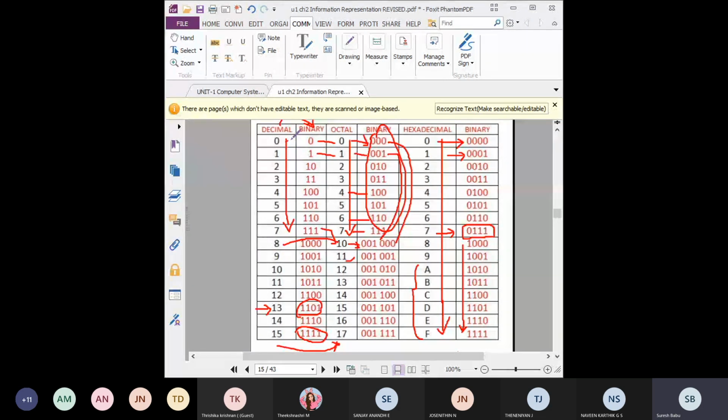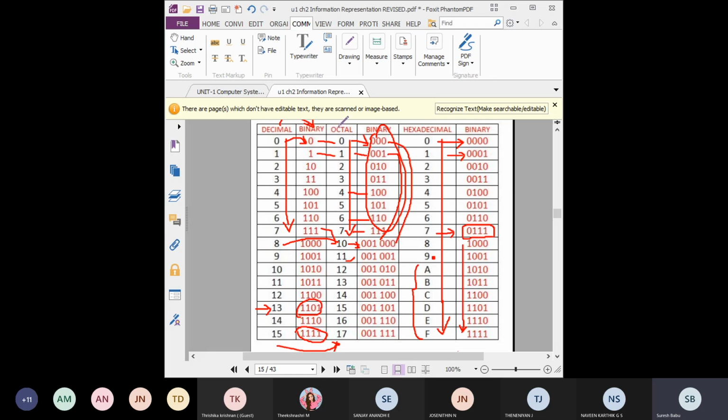So the decimal's equivalent value in binary, everyone can easily convert, that is you can do the conversion by repeated division by 2. Octal numbers also everyone knows, by easily converting by repeated division by 8. Hexadecimal numbers, see 0 to 9, then A to F. This is the equivalent value of the first 16 numbers.